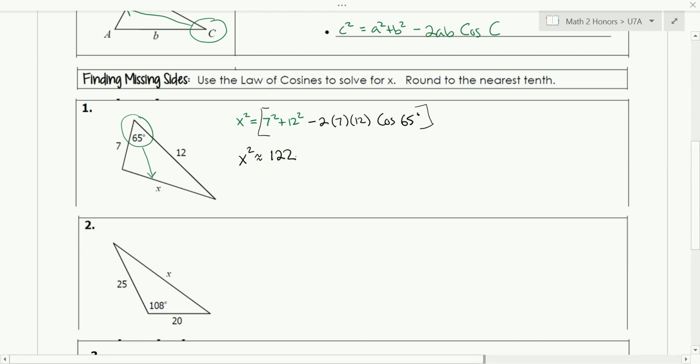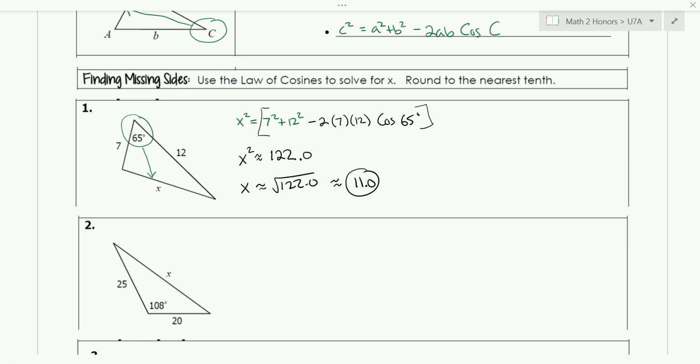So you should get 122, roughly. It's rounded, and then you're going to take the square root of that, and you get about 11, right? And so we've used the law of cosines to find that missing side length.